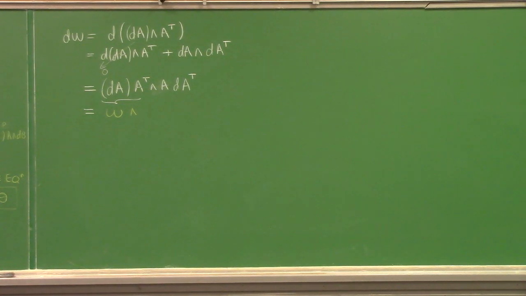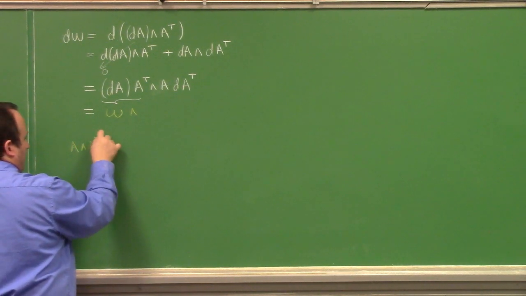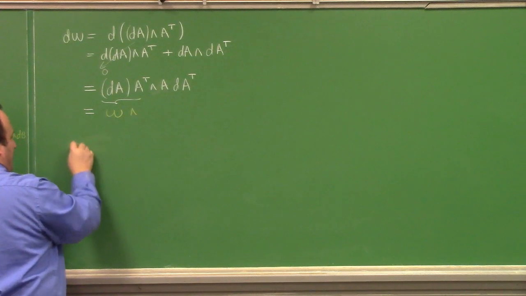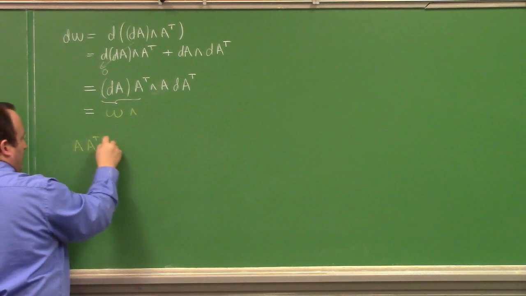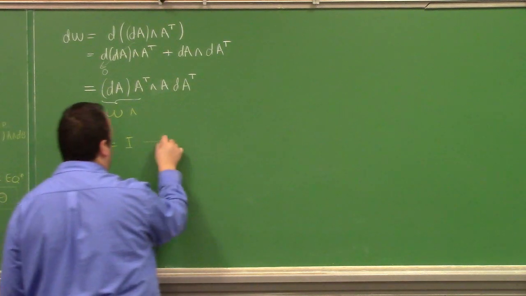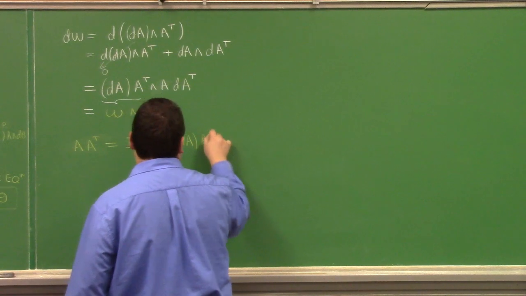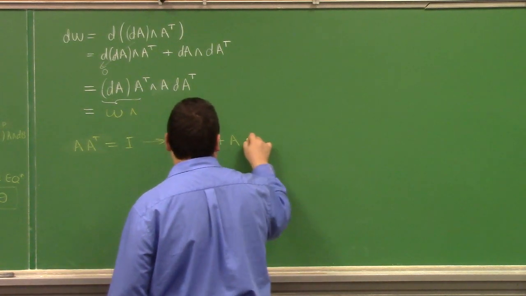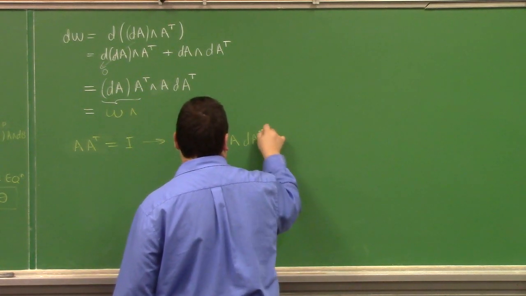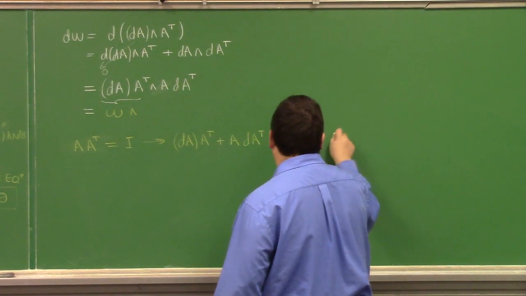So here, let me refresh our memory a little bit. Last time we had A wedge A transpose, let me just skip the wedge, A A transpose is equal to the identity, right? So if I exterior differentiate this product of matrix of functions, I get dA A transpose plus A dA transpose equals d of I, but dI is 0.